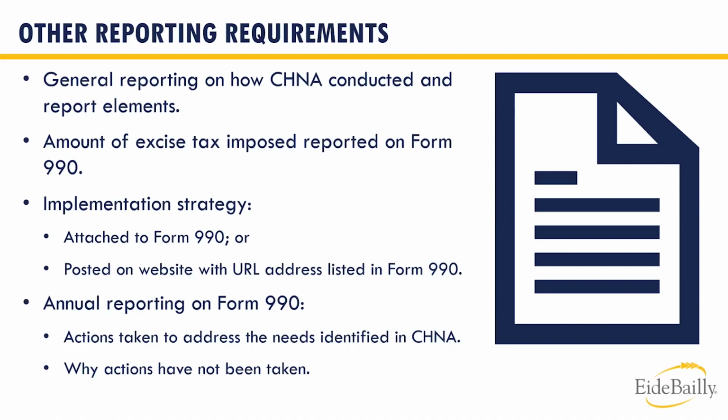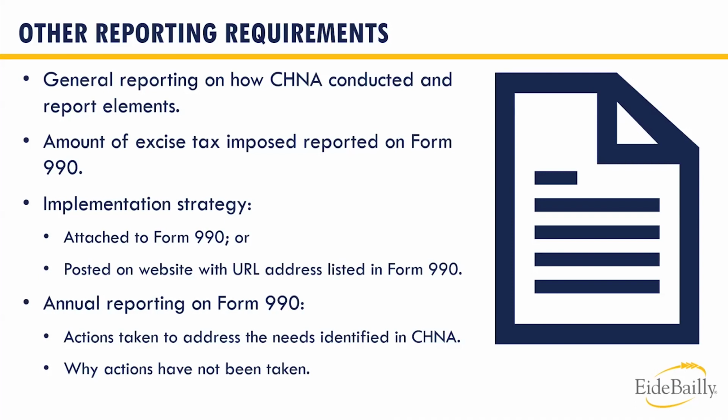With the implementation strategy, did you do an implementation strategy? Is it publicly available on your 990, or are you going to attach it to the 990? And then there's specific questions that ask about what actions the hospital has taken in the current year to address the needs that were identified. So this really needs to be refreshed annually.